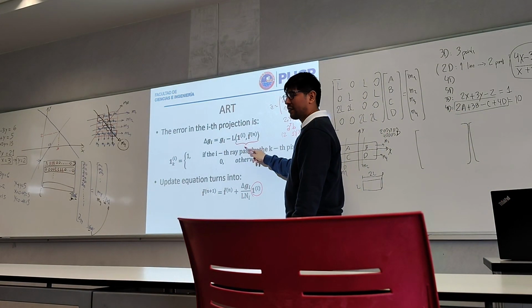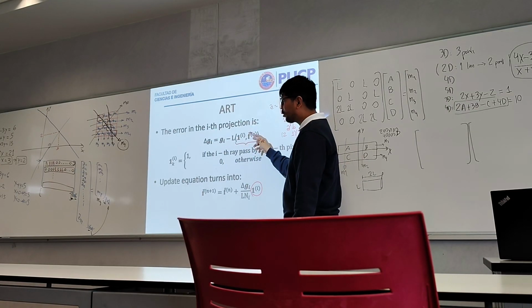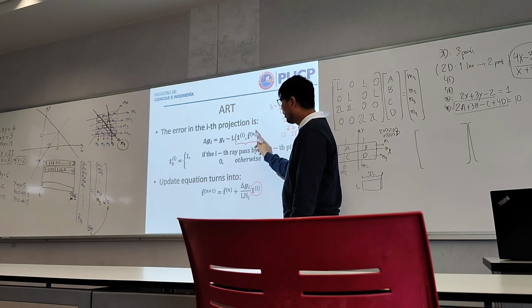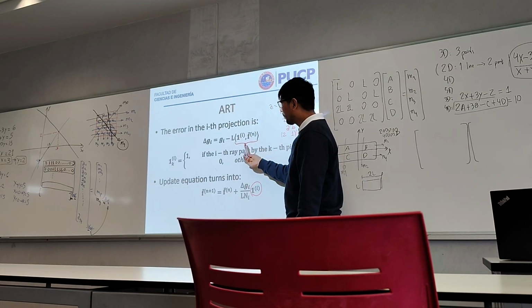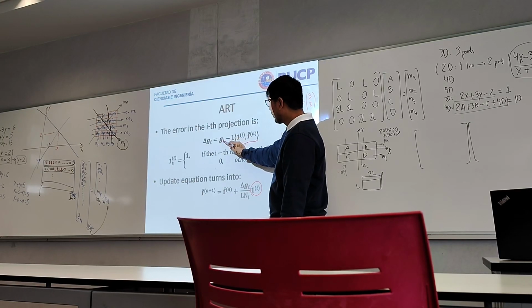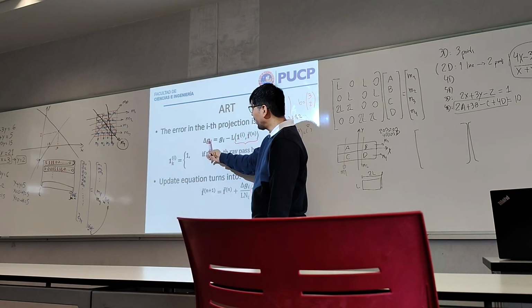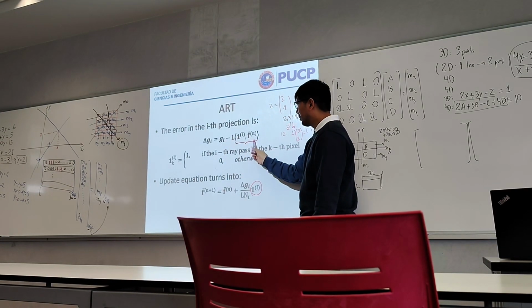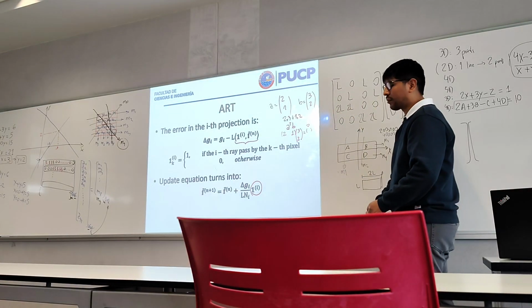Okay, so this is a number. These are vectors, like 1s and 0s, or the current solution that is also a vector, the value that we will get for the intersection point. But the inner product is a number. And then there will be this delta gi, that is gi minus L times the inner product.